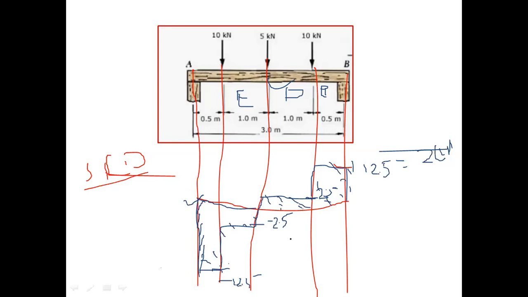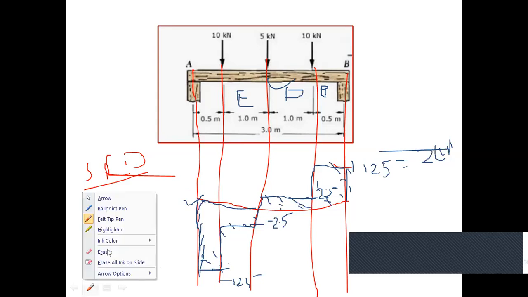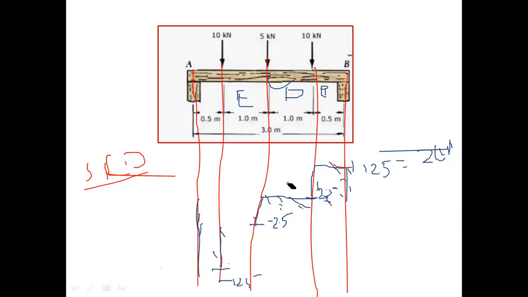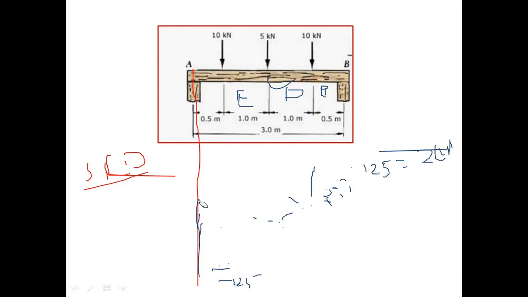So how can I draw the BMD diagram? Let's see. We can erase this one. You must draw the SFD and after that draw the BMD. First draw the loaded diagram.